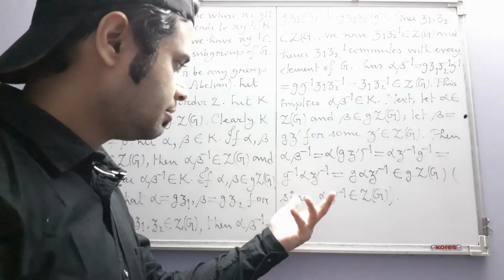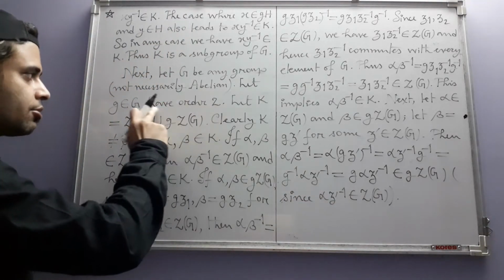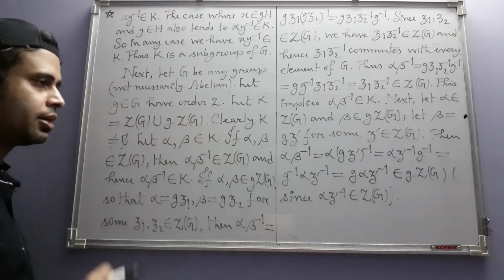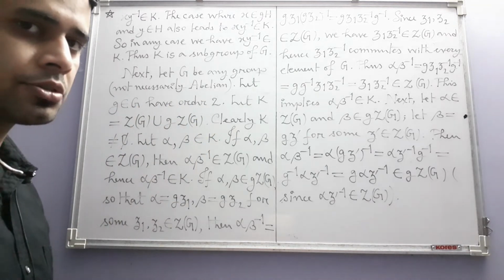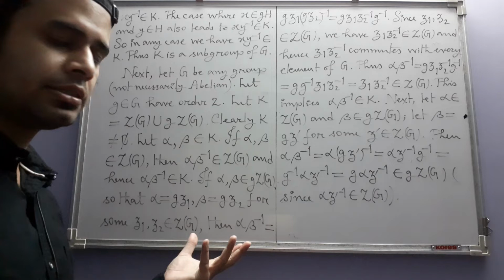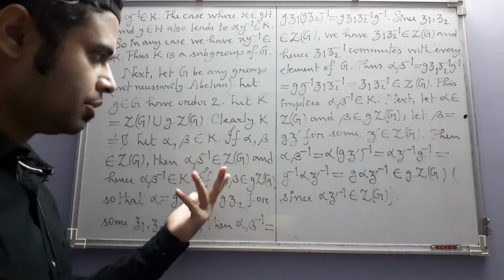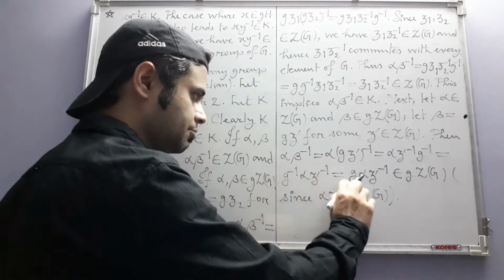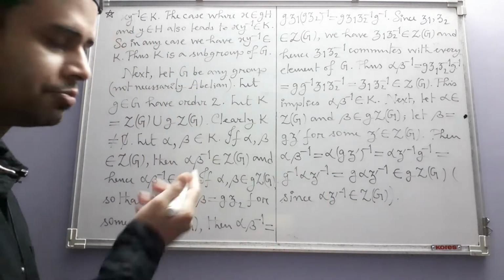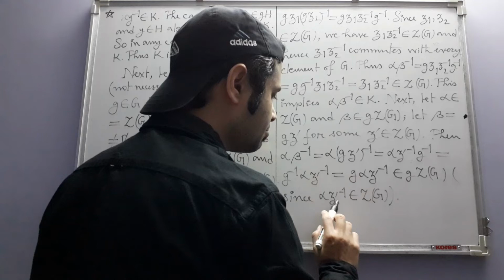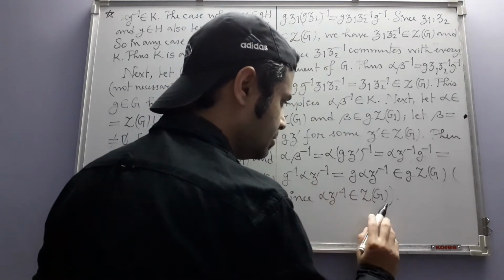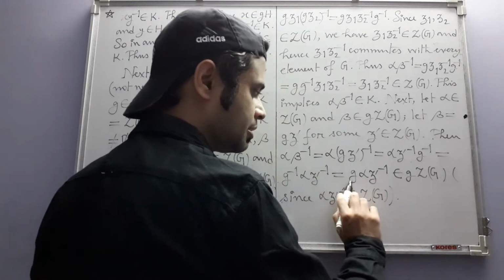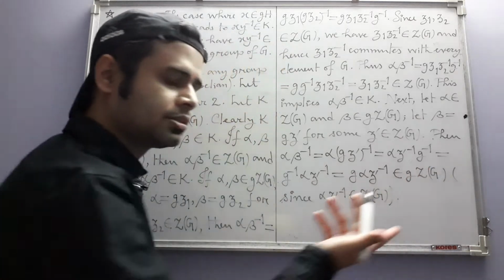And then again, this condition that G has order 2 still continues to be true. It's still a hypothesis in this second part. So because G has order 2, G inverse will be equal to G just like before. And again, because this belongs to the center Z(G), by the definition of this subset, this element will belong to G Z(G).